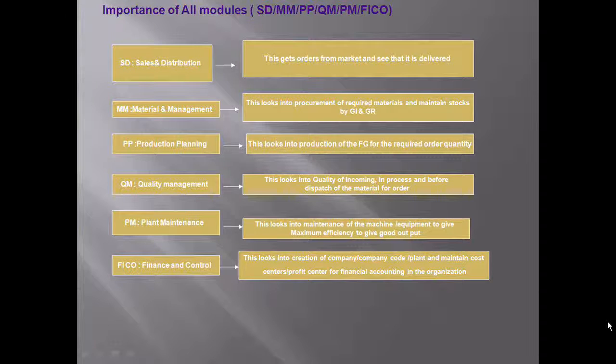Plant maintenance looks into maintenance of machine equipment to give maximum efficiency and good output. Finance and control looks into creation of company, company code, plant, maintaining cost centers, profit centers for financial accounting in the organization. Basically, I teach PP, QM, and PM.